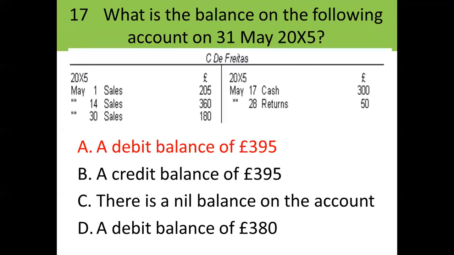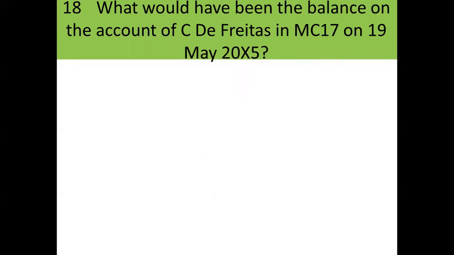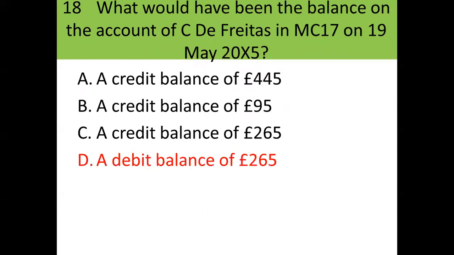On 19th, we remain with 565 of the debit balance of the total debits, 205 plus 360, and we remove 300 because that transaction took place after the 19th. We remove 300 and it is 265, a debit balance also. It is a debit balance of 265. Okay.